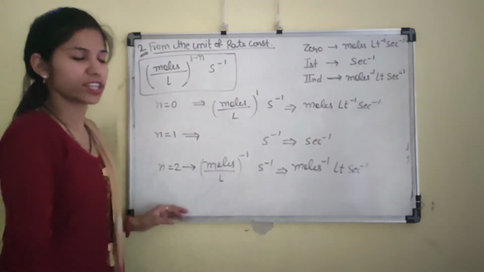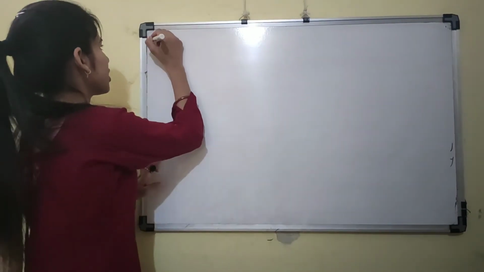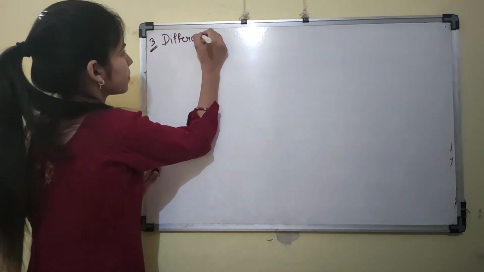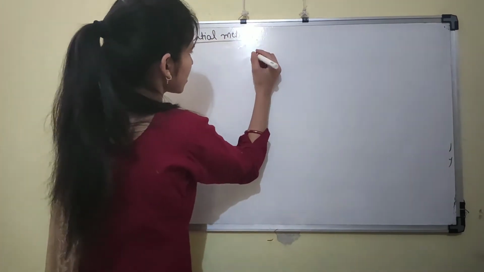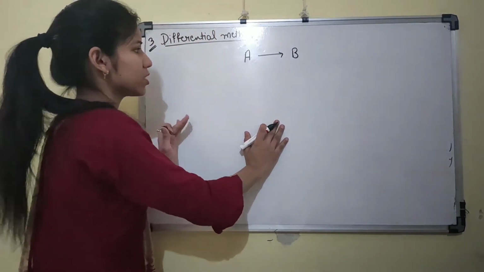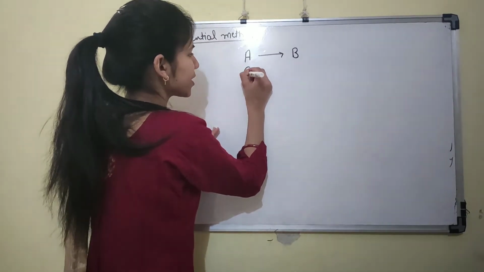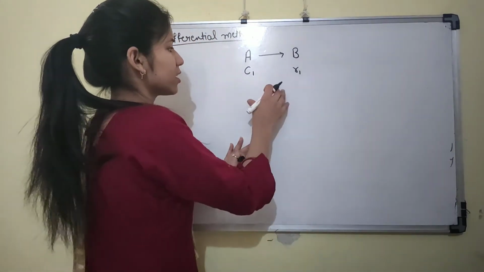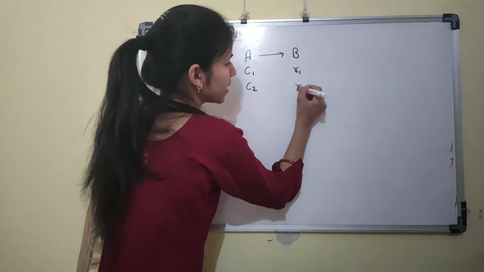And the third method is the differential method. In this, A is a reactant and this goes to product. So in this A goes to B, their concentration reduces to C1 and their rate is R1, and after this their concentration reduces to C2 and their rate will be R2.